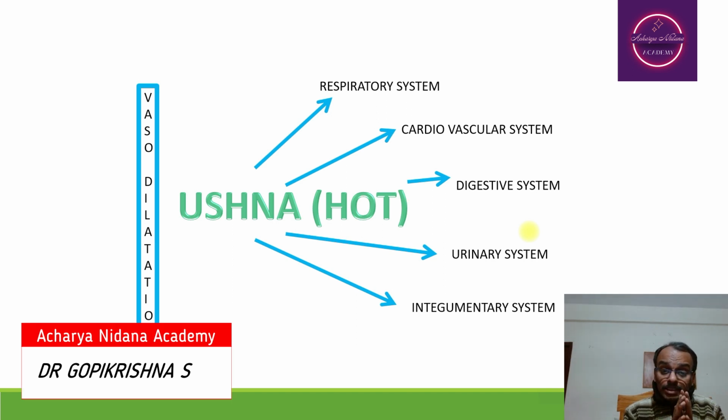So as far as the digestive system is concerned, whenever a person is consuming hot substances, or substances prepared out of chili, etc., which have Ushna Viryata, that is responsible for increased blood circulation in the alimentary canal.